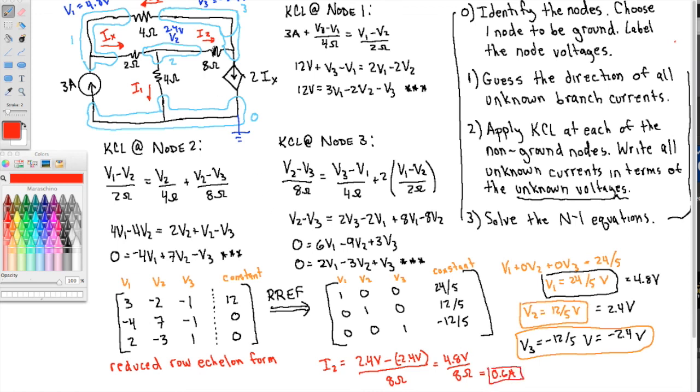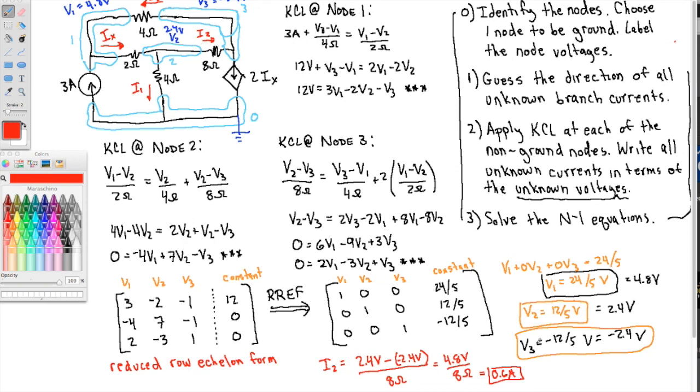That's the current I2, and it's positive, so our guess was correct. Notice that the current goes from the higher potential to the lower potential, as it always does with a resistor. The marble always rolls down the ramp if the ramp is a passive element like a resistor.